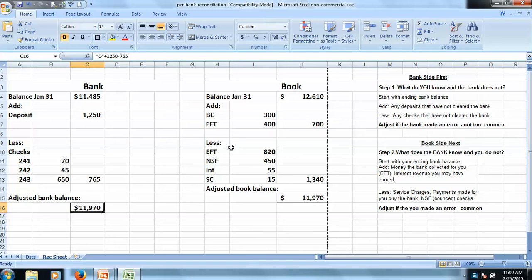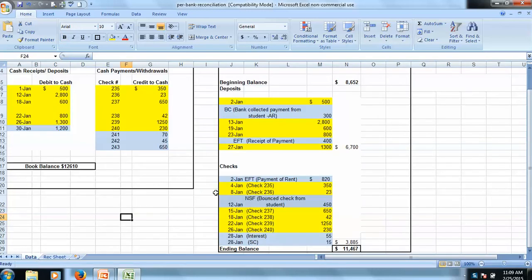We're going to subtract out anything that the bank has taken out that we did not know about. So in the case of Roadrunners Roost, the bank had taken out our rent payment. The bank had taken out a non-sufficient funds check that had originally looked like it was going to go in. It's going to take out interest that it's collecting from us, and it's going to take out the service charge.